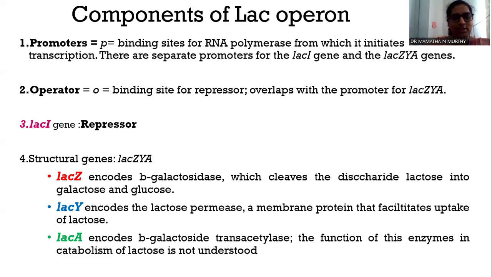The structural genes: lacZ codes for beta-galactosidase, which helps in the cleavage of the disaccharide lactose into monosaccharides like glucose and galactose. The lacY gene codes for lactose permease, a membrane protein that facilitates uptake of lactose from the surrounding bacterial environment.